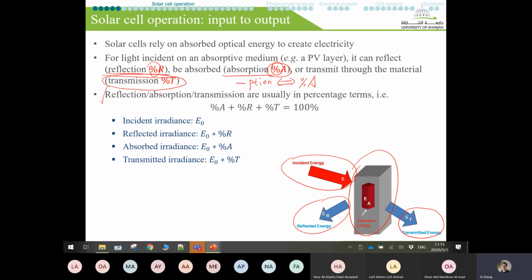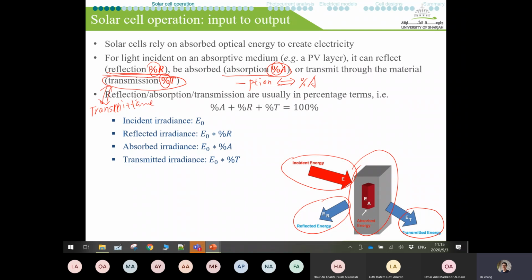Sometimes we use another word for this, transmittance. In our lectures' context, these two words have the same meaning. So just remember that this is also a percentage term.